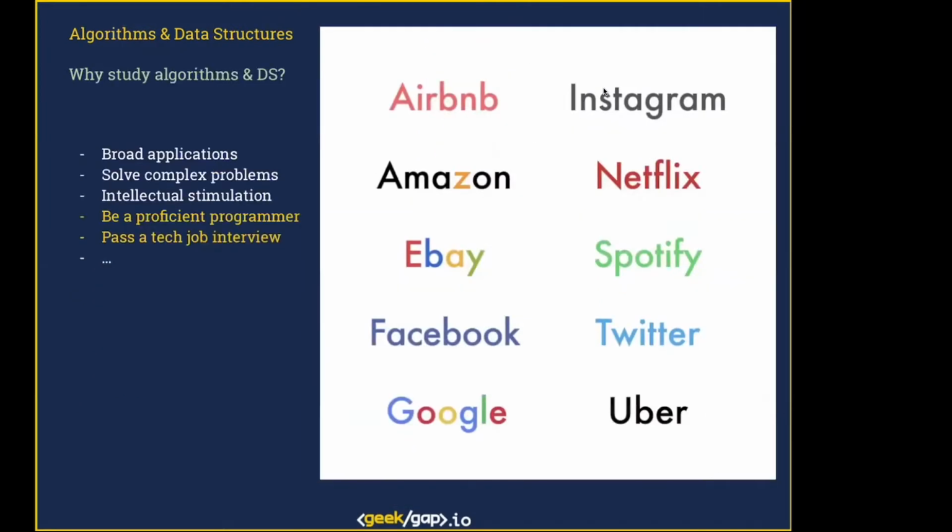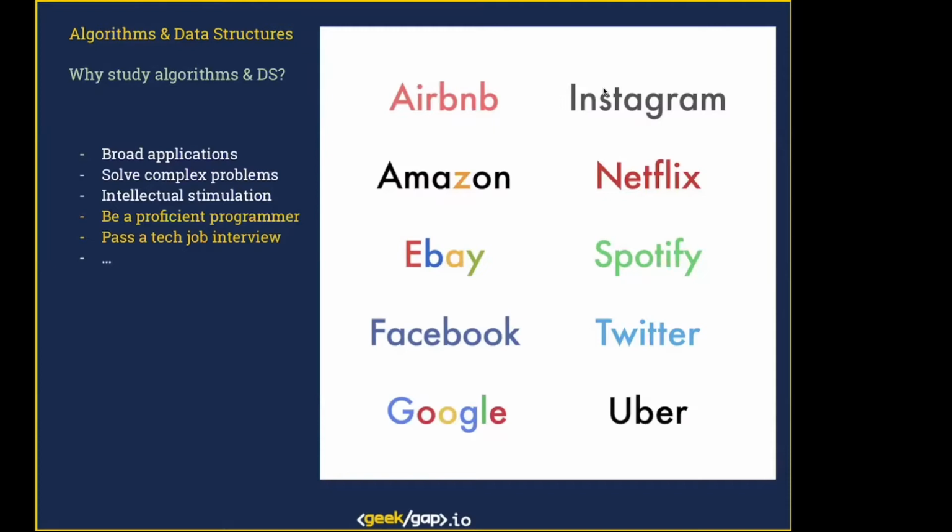So why do we study algorithms and data structures? First of all, the applications are broad. We have loads of applications. It's pretty much everywhere. We use algorithms without knowing most of the time. Also, it helps us solve complex problems. And one of the other reasons is intellectual stimulation. It's really great to solve a problem and see it working.